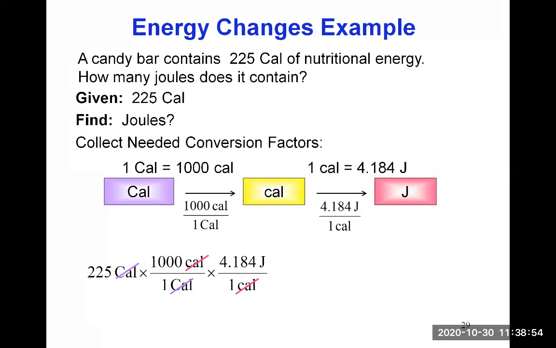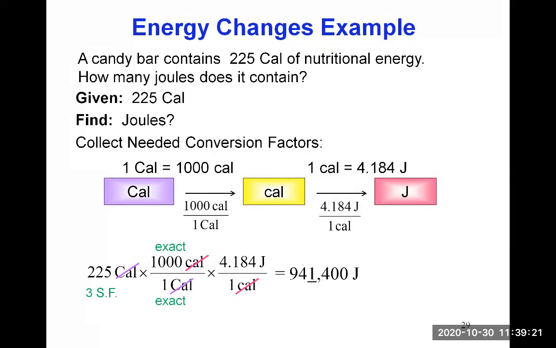In the calculator, you do 225 times 1,000 times 4.184, and that's 941,400 joules. So that's the calculator answer. We need to think about significant figures. And so the given amount has three significant figures. The 1,000 calories over 1 capital C calorie are exact.